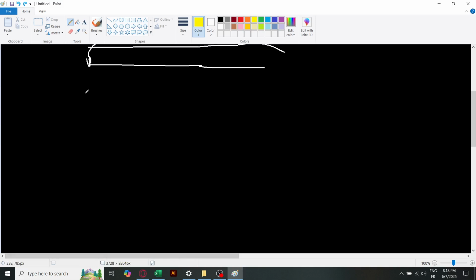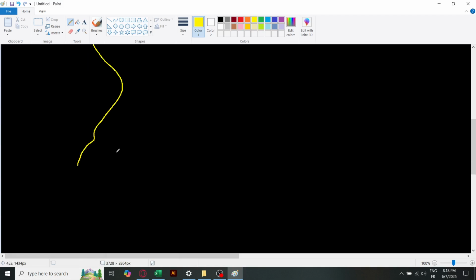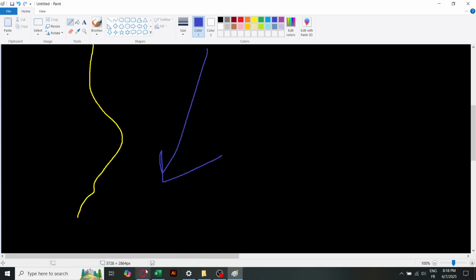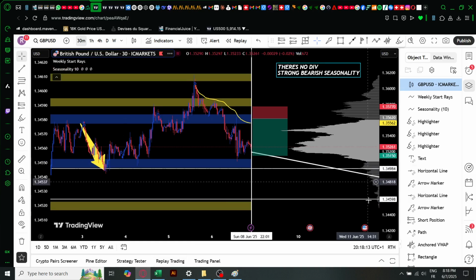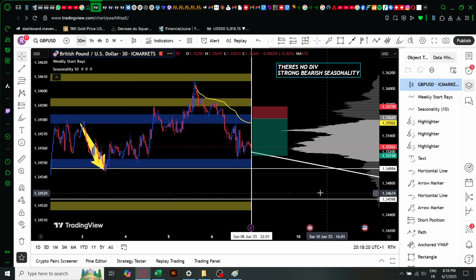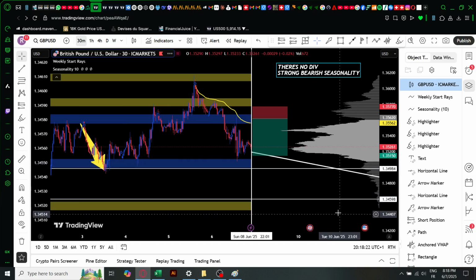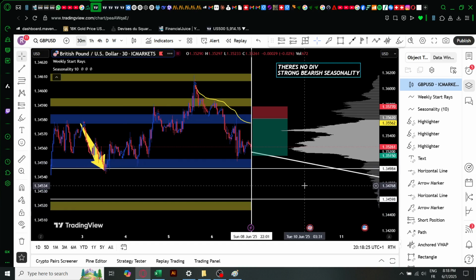But when there are small volume nodes, price prefers to just pass through them so fast, like those ones. You can see those ones. Price might prefer to pass through them than reject them. So this is what a low volume node means. It can be a strong breakout or a strong rejection, but on the edges of very huge volume clusters there will be more rejection than strong breakouts.